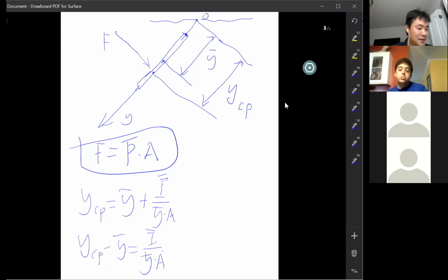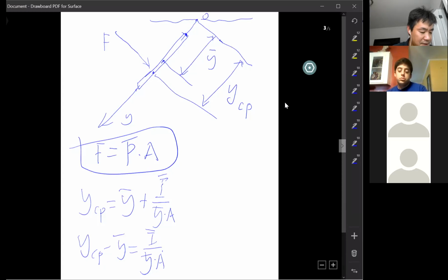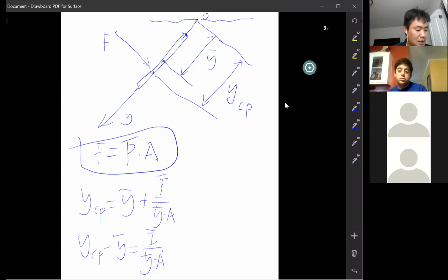And what is I bar? I bar is the second moment, actually called the moment of inertia of the area. I skip some of the derivation here, but it should be in your statics textbook, chapter 5. It should cover that second moment of area.